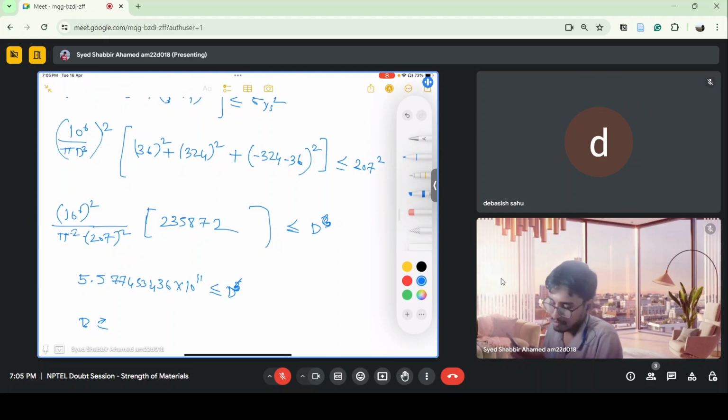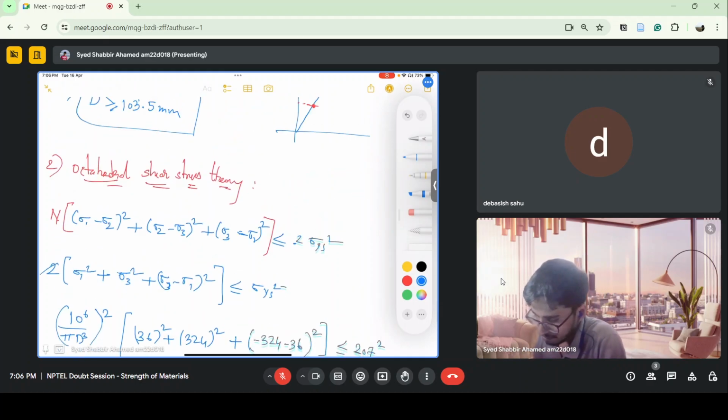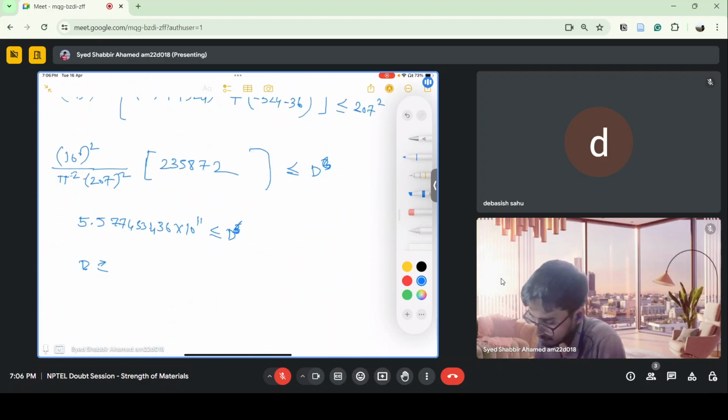See, this you have got 436 into 10 to the power of 11. I'm getting it should be greater than 90.7275.